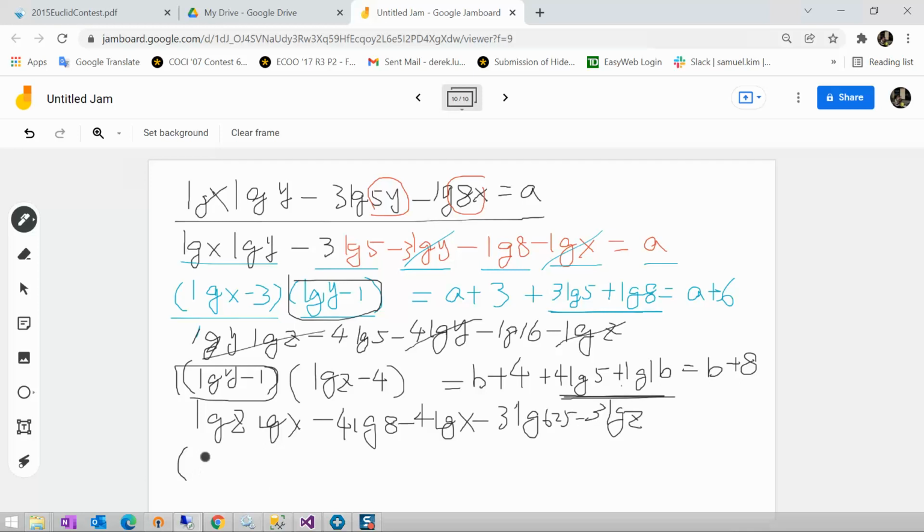Here we have log x minus 3 must be 3, right? So log of z minus 4. We see if it covers or not, right?